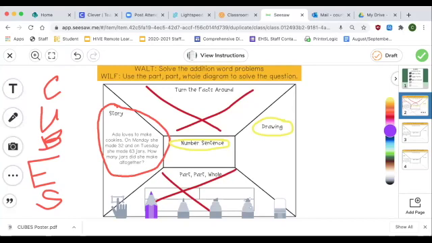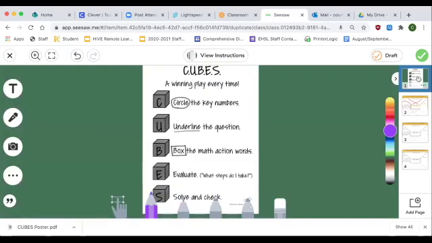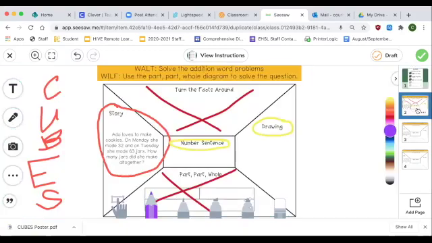And if I'm reading and I think, oh gosh, I forgot already what C stands for, I click back on slide 1. Oh, circle the key numbers. So I'm looking at this problem and I see 32 and I see 63. Those are the only numbers I see in this problem.